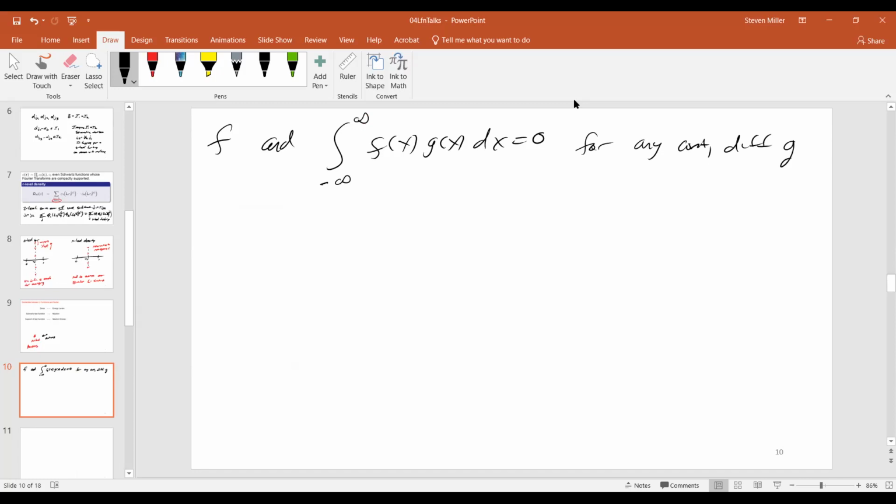What would you like to conclude about f? Maybe where f is non-zero? Well, I'm giving you some function f, and I'm telling you that when you integrate f against any g that's continuous and differentiable, you always get 0. What can you deduce about f?